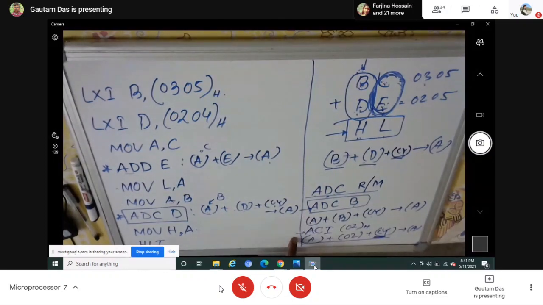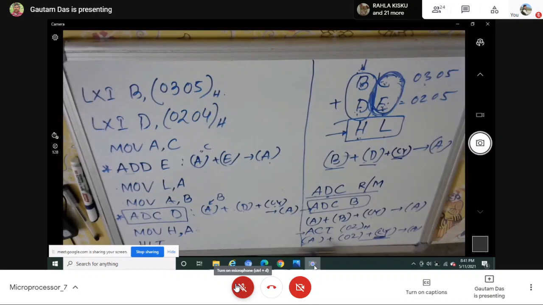If there is any carry information there earlier, that carry will be added with this data. That is the main point. It is not that during the addition of these two, if any carry is generated, that carry will be added. No. These two data will be added with the previous carry. Previous carry means before this instruction, whatever carry is set by any instruction, that will be added with these two data.